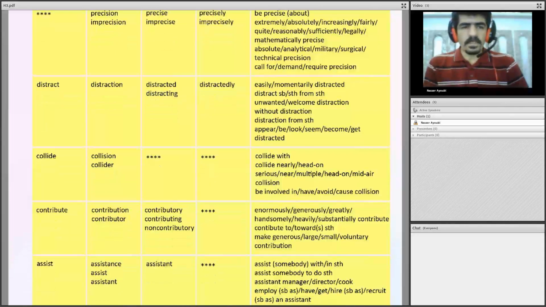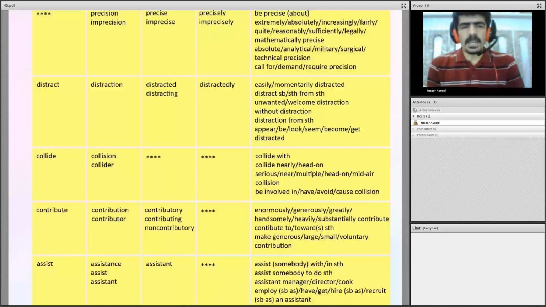Next one. Distract. Distraction. Distracted. Distracting. Distractedly. So distract, as you know, means to take somebody's attention away.